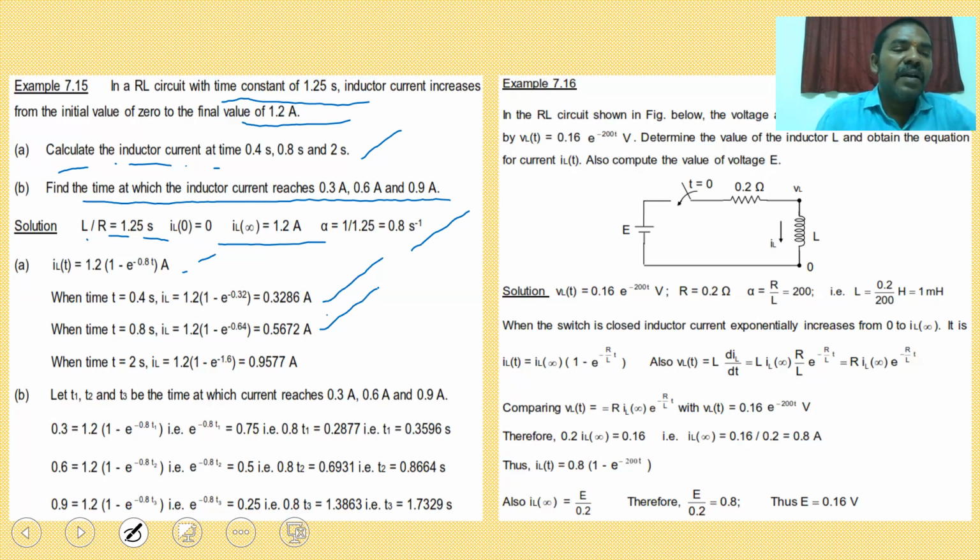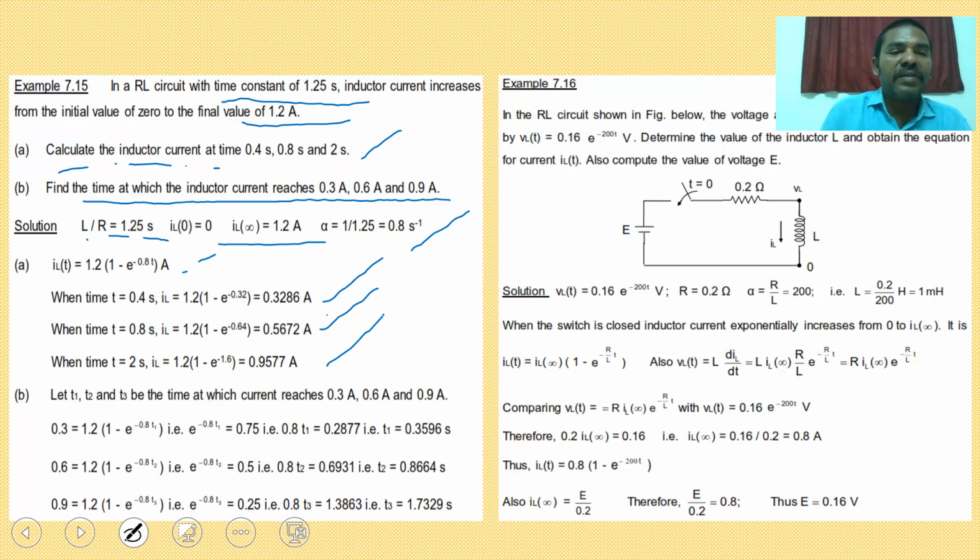Similarly, substituting t equal to 2 seconds, the inductor current is 1.2 into 1 minus e power minus 1.6, that is equal to 0.9577 amperes. Are you understanding? So the basic equation in terms of t is there, and we are substituting different values of t and calculating the respective inductor currents.